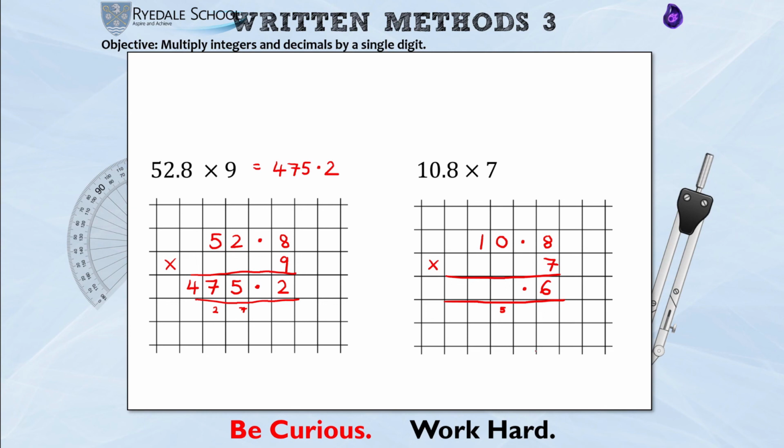So 6 in the tenths column, carry the 5 to the next units column. 0 times 7 is 0, but add the 5. And finally, 1 times 7 is 7. So 10.8 times 7 is 75.6.